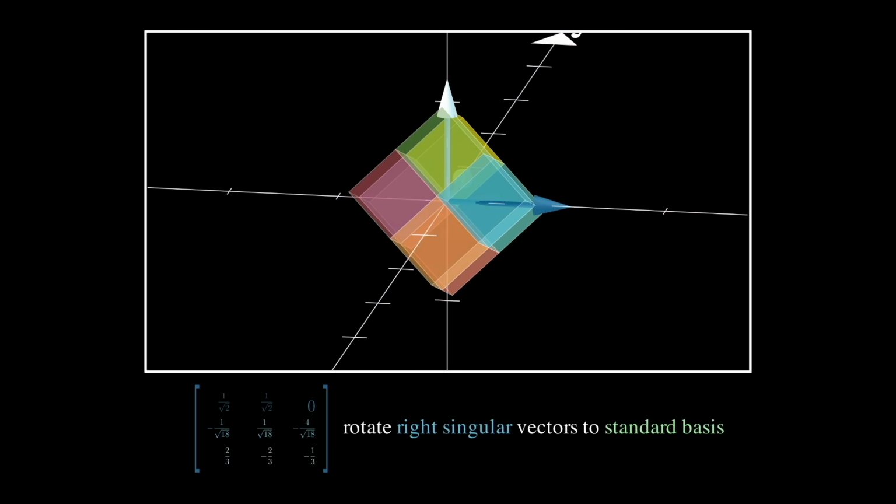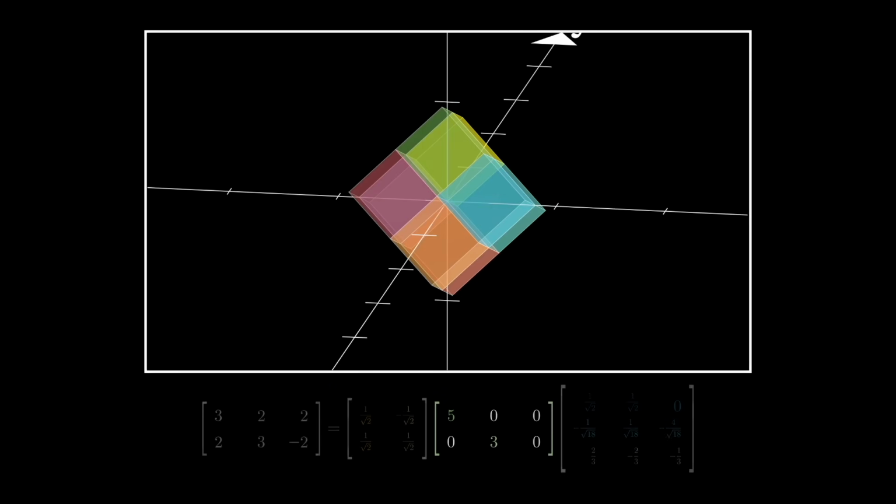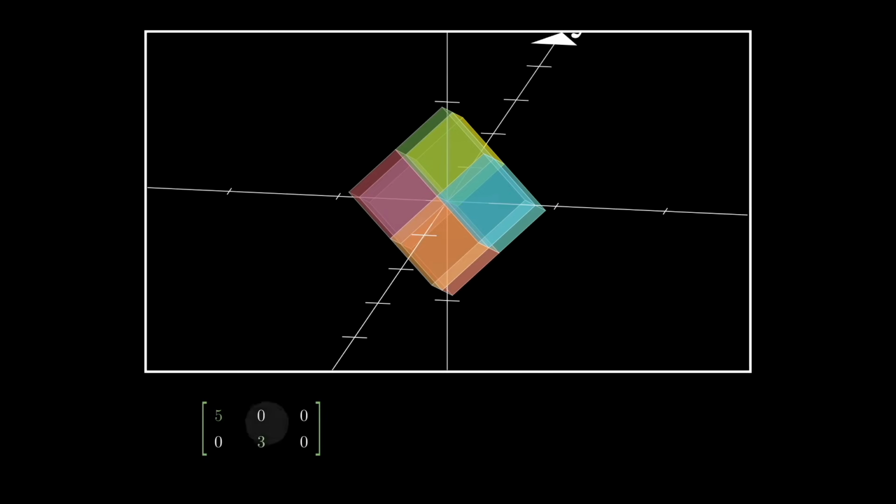So more precisely, the singular vector with the biggest singular value lands on the x-axis, the singular vector with the second biggest singular value goes on the y-axis, and so forth. The matrix sigma is rectangularly diagonal, and it's essentially a square diagonal matrix composed with a dimension eraser.